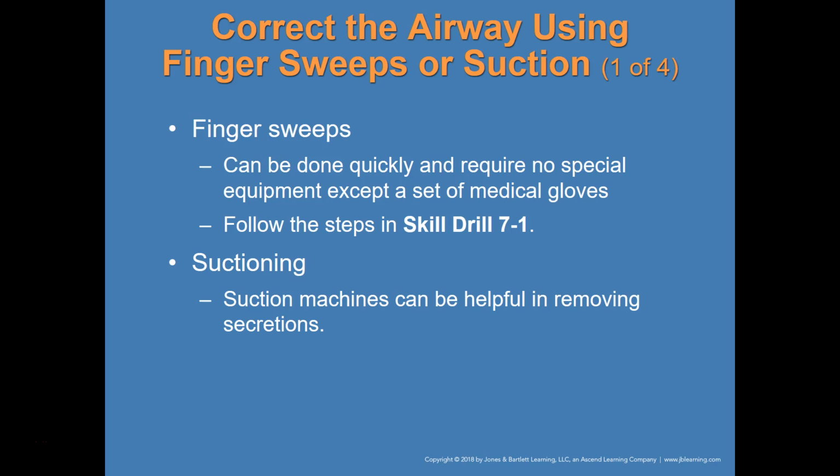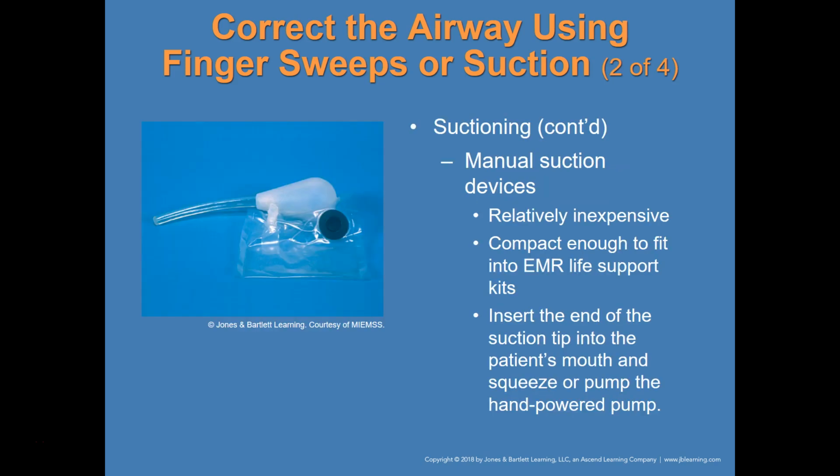Suctioning. A suction machine can be helpful for moving that stuff even more so than finger sweeps. So if it's available, manual suction devices. This one's kind of like that one you use for babies when you're sucking boogers out of their nose. You squeeze the bulb here. This ends in their mouth.